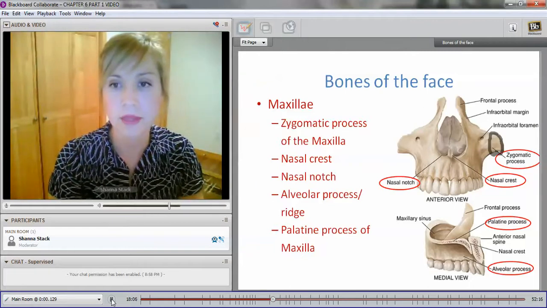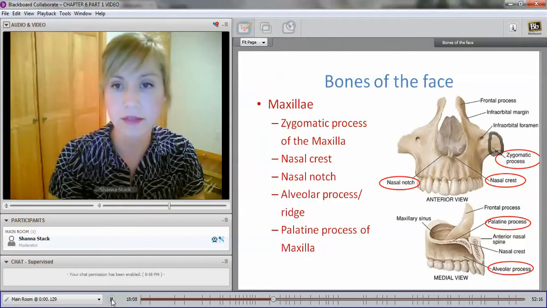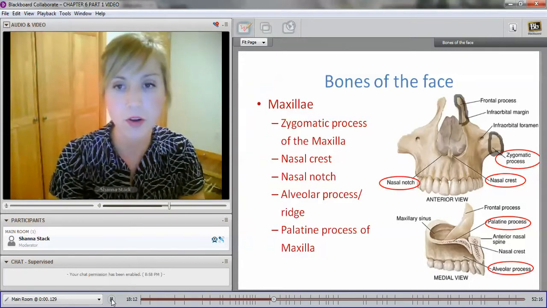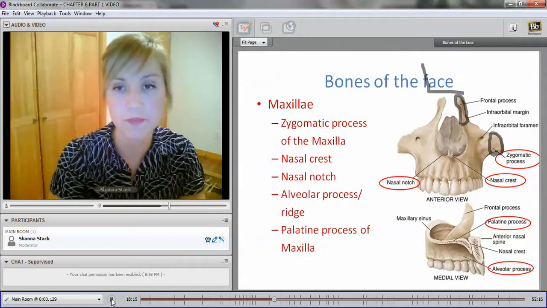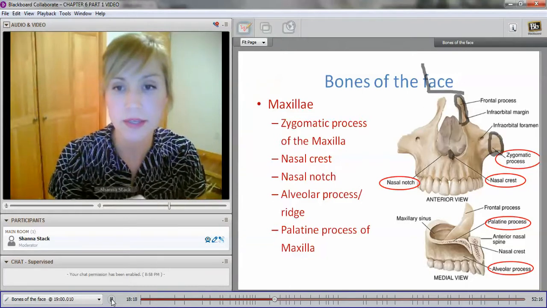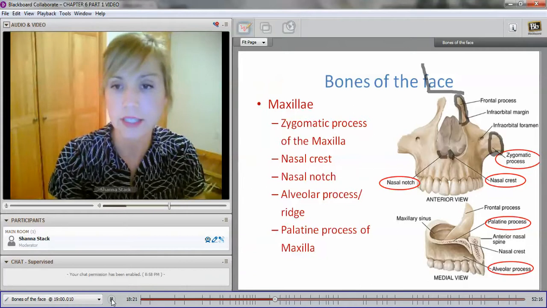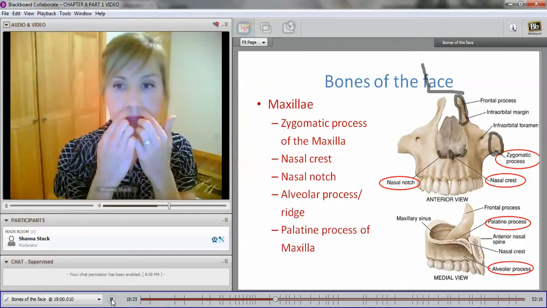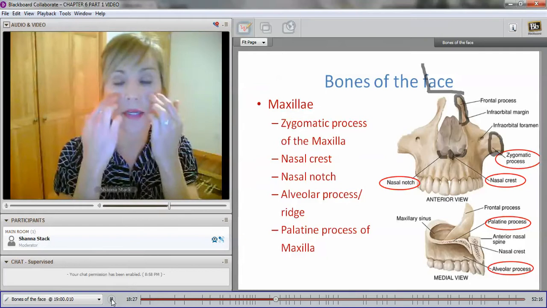This is the frontal process of the maxilla. So it's going to articulate with the frontal bone, which would be up here, okay? And here's the nasal crest, and then your nasal notch on each side. So nasal crest, nasal notch, zygomatic process of the maxilla.